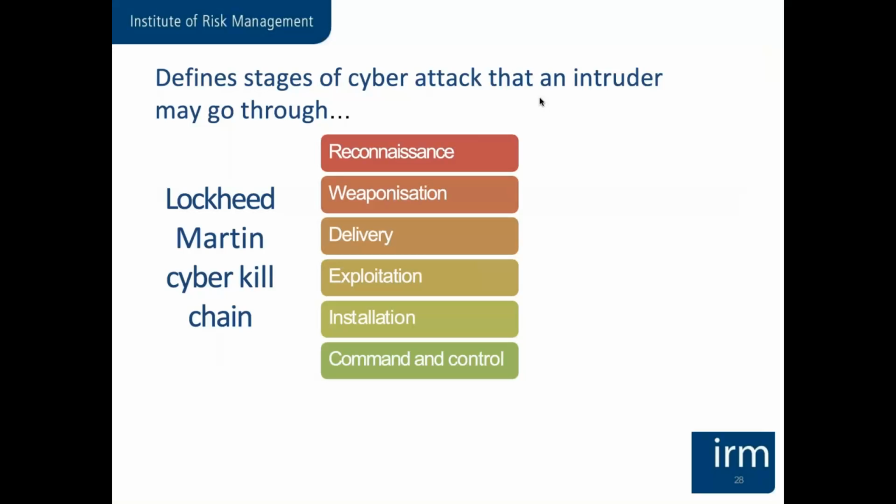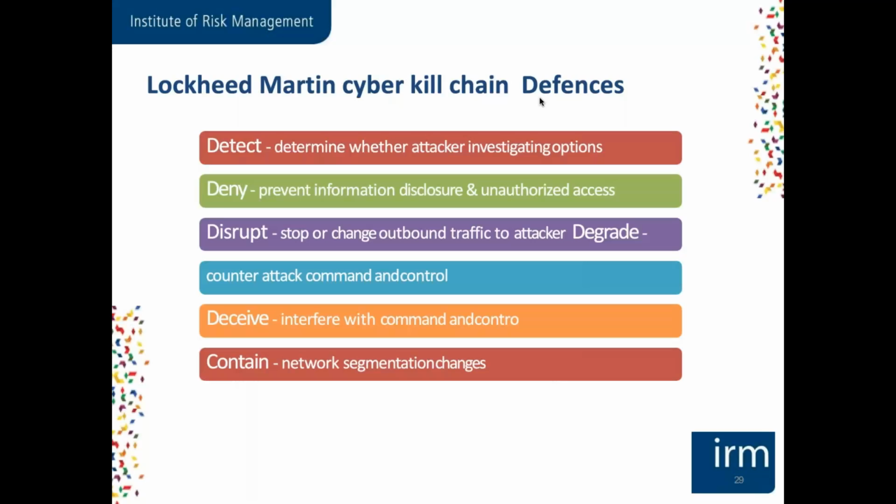Again, I'm sure you're familiar with this from the course materials, but it's a pretty common pattern. And again, if you refer to the case studies, even stories that we've seen reported in the news recently, you'll often see this exact pattern played out. And here we've got what's referred to as the cyber kill chain, an effective way to deal with these issues as and when they do arise.